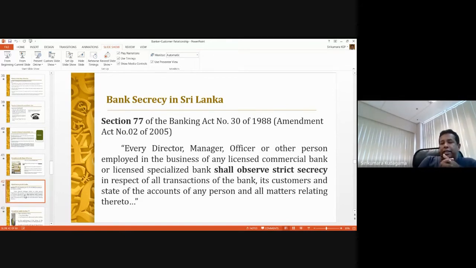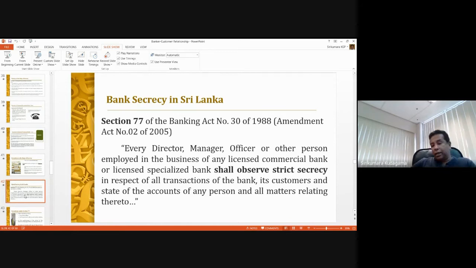In section 77 of the Act, there is a provision like this. Every director, manager, officer, or other person employed in the business of any licensed commercial bank or licensed specialized bank shall observe strict secrecy. Who are supposed to observe that? Every director, manager, officer, other person.